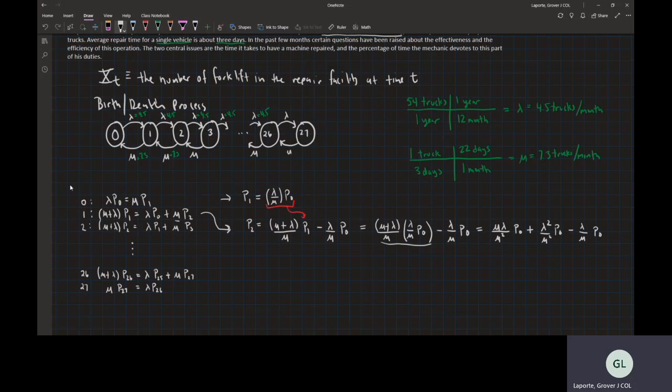Okay, so we're almost there. And remember what this is: P2. So I'm just bringing this down and writing it again. So P2 is equal to, now I can cancel out a mu here.